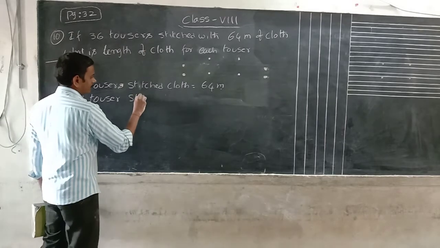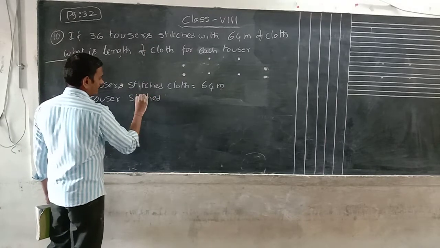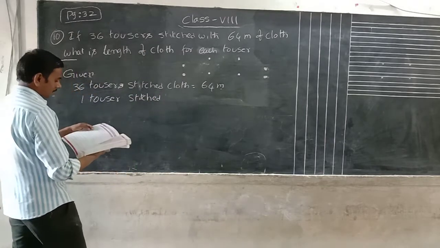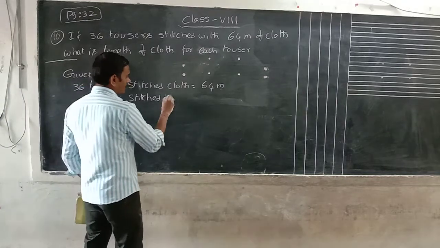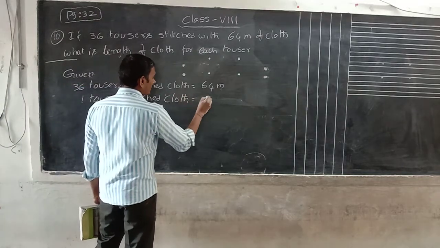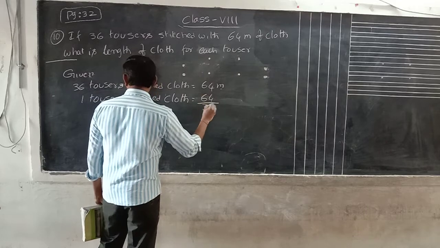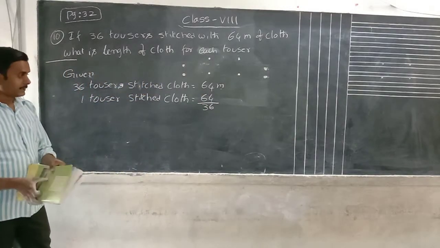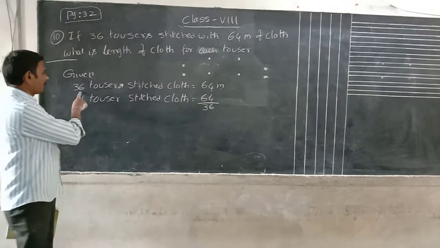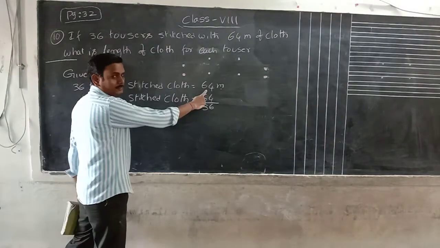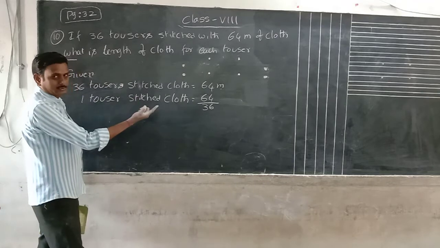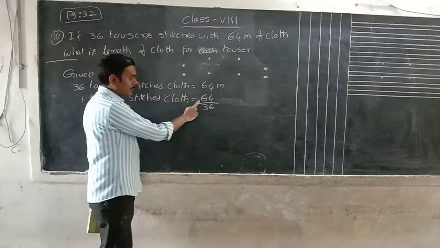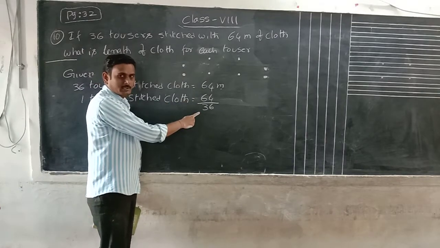One shirt stitched cloth equal to 64 by 36. Okay, total 36 shirts needed, 64 meters. One shirt needs how much cloth? 64 by 36. Total cloth by number of shirts.